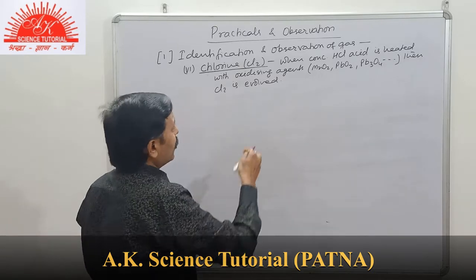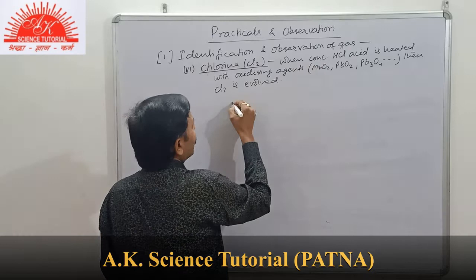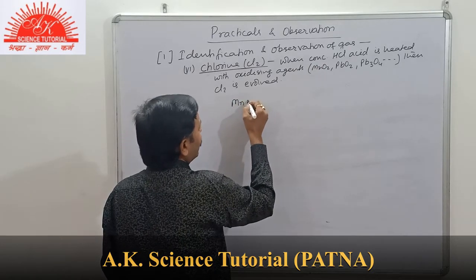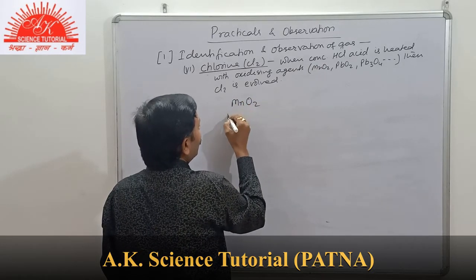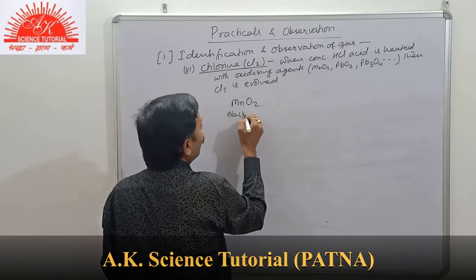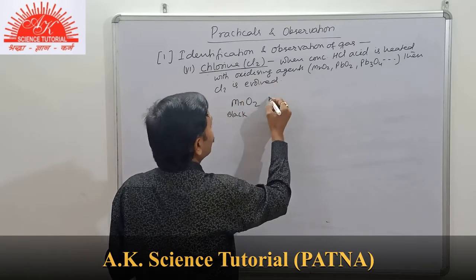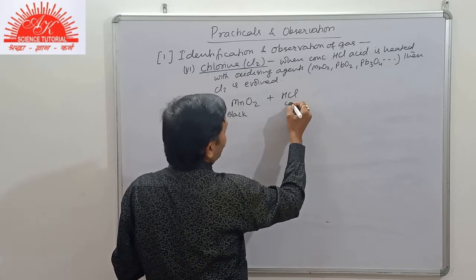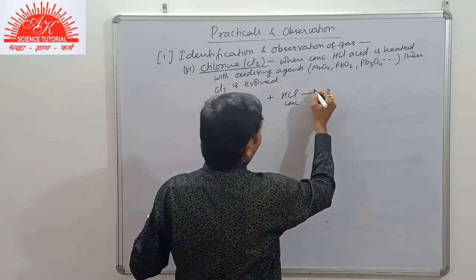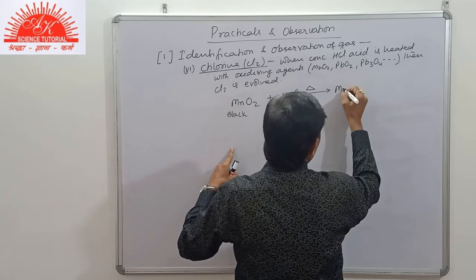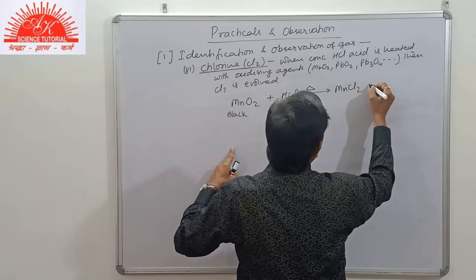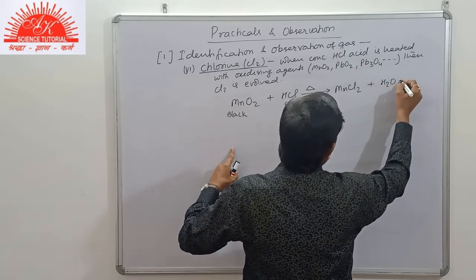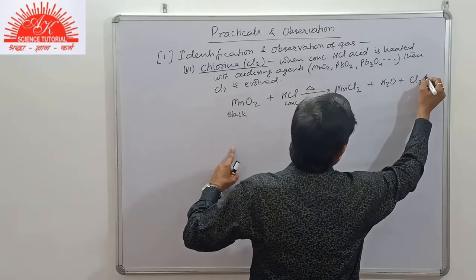Like you see, suppose we take this one as an oxidizing agent. MnO2, this is a black colored oxidizing agent, plus HCl. Now this is concentrated, on heating gives MnCl2 plus H2O plus Cl2 gas.